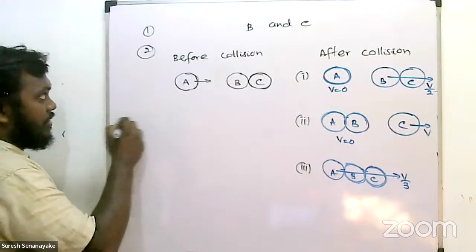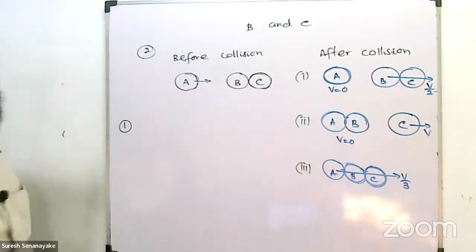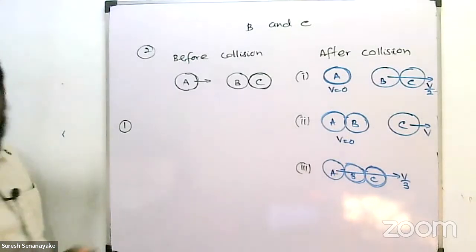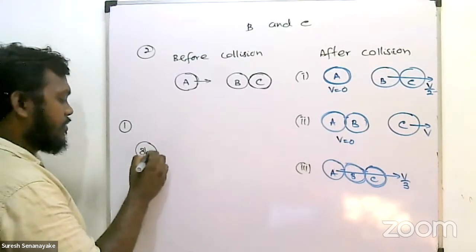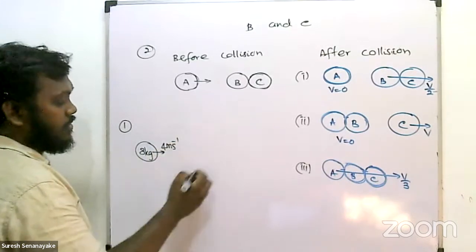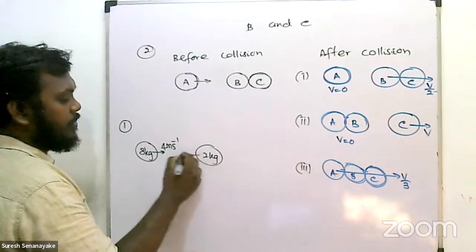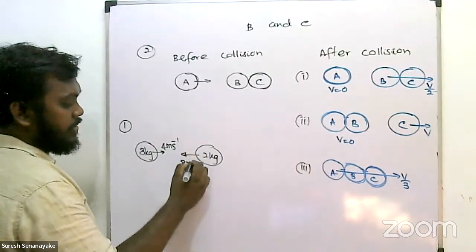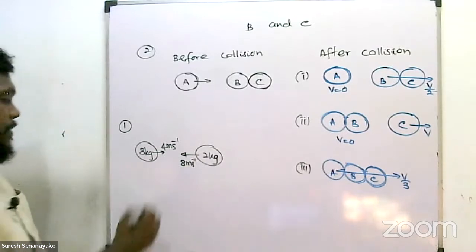This is A plus 1. An 8 kilogram ball is moving at 4 meters per second, and a 2 kilogram ball is moving in the opposite direction at 8 meters per second. They collide. This is before the collision.